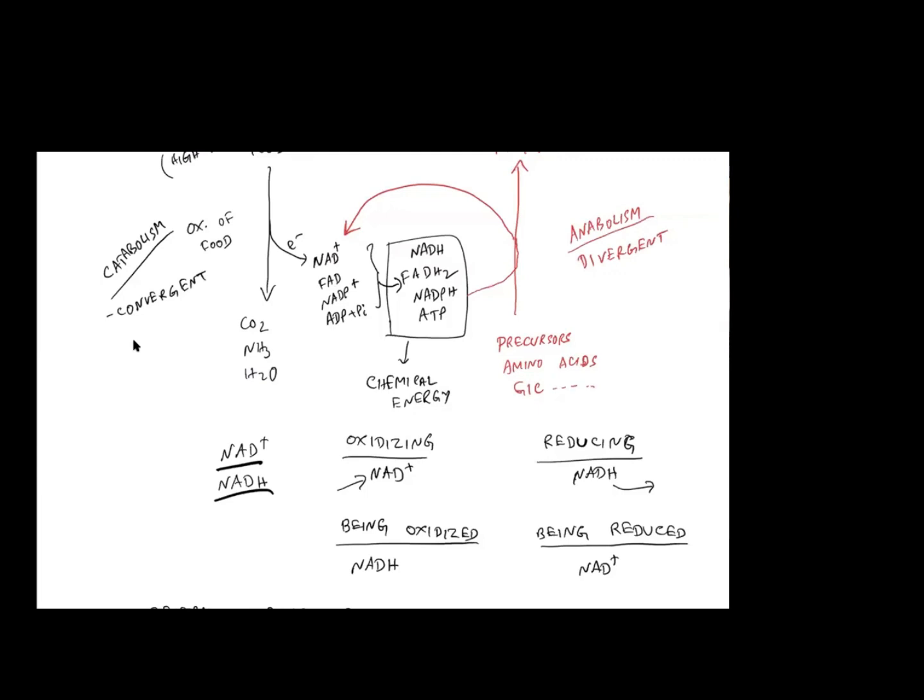So everything goes through a common intermediate and the body doesn't have to evolve to handle each of the components totally separately. There are some separate processes at the beginning, yes, but somewhere in the middle they are converged so that you can use the same enzyme. It makes total sense, right?